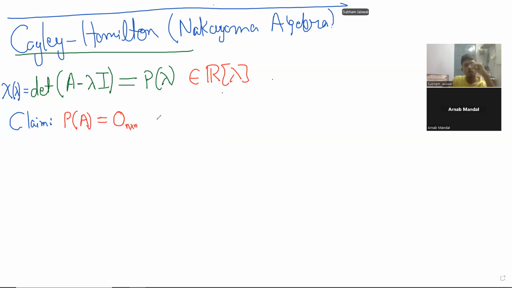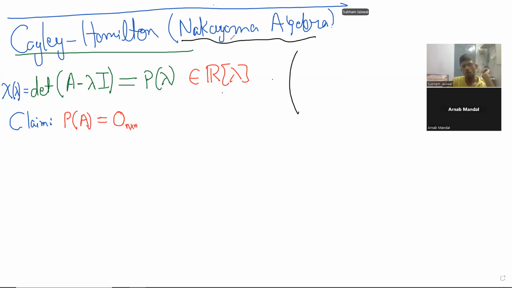Anyways, let's come forward and try to understand why this is true. Actually, I don't quite recall a proof right now. I can give you proofs using other ways, but it will be slightly complicated.